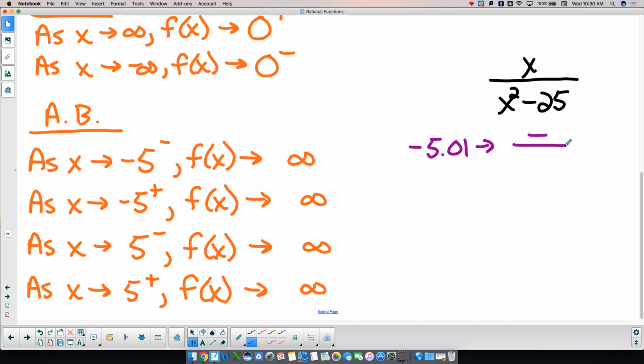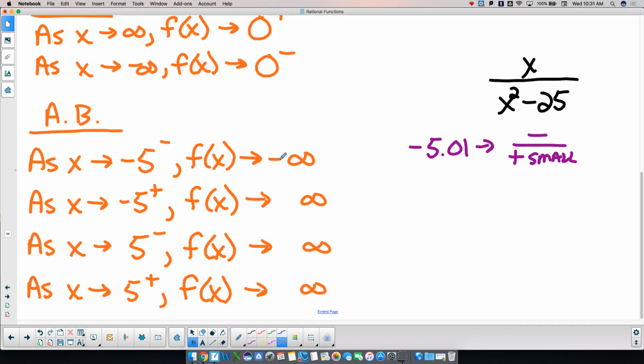It's going to be positive, and it's going to be small. Okay. So fraction logic tells me that that's going to go to negative infinity. Negative divided by a positive is negative. That function is going to turn down on the left side of this asymptote.